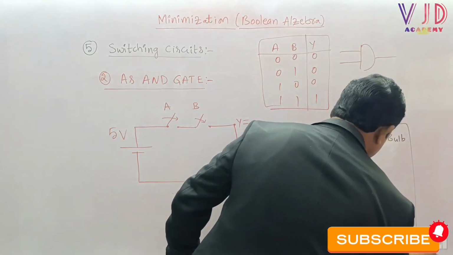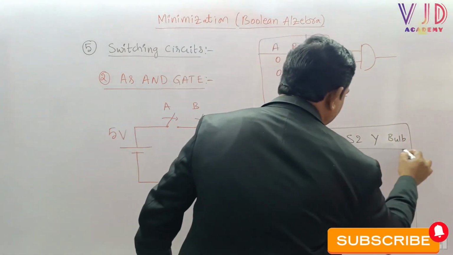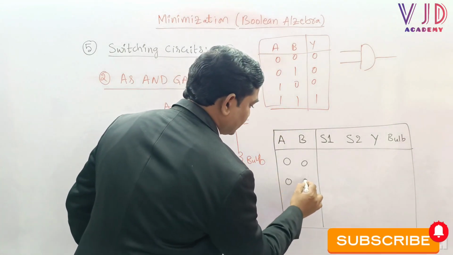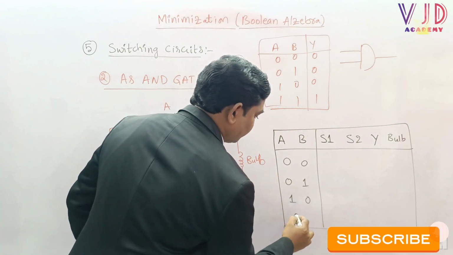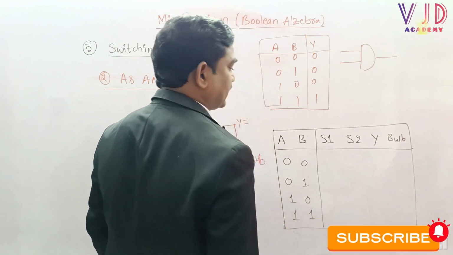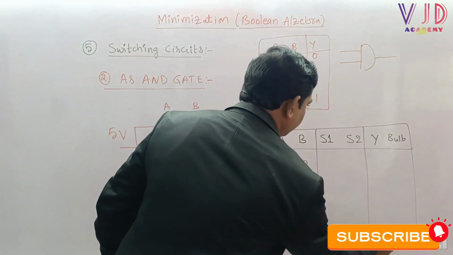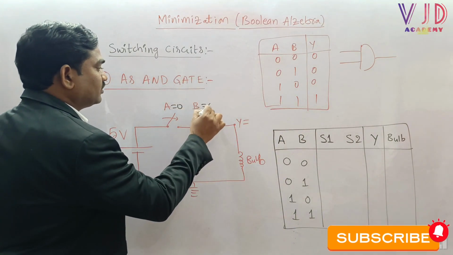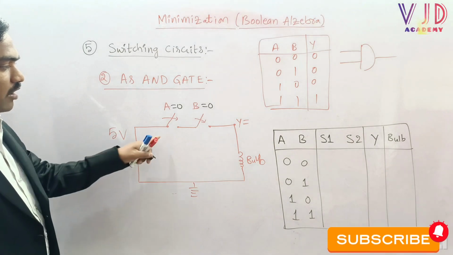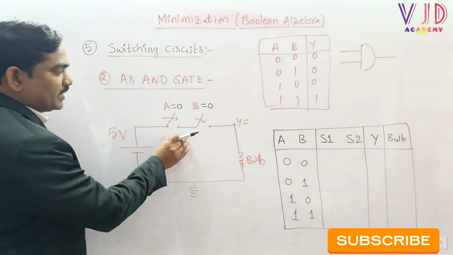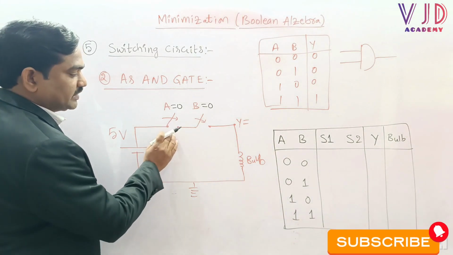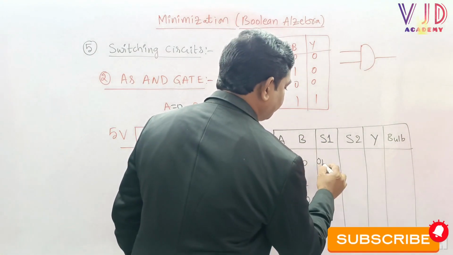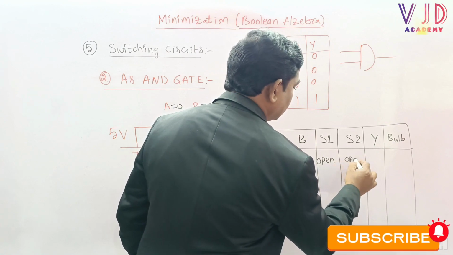Sir, here the moment when we take the 2 input variables, which are 0, 0, then 0, 1, then 1, 0 and finally 1, 1, what is happening? Here the moment when I apply A equal to 0 and B equal to 0, both switches are turned off, which means the switches are open.